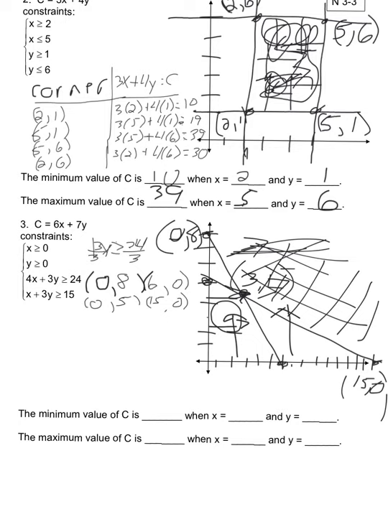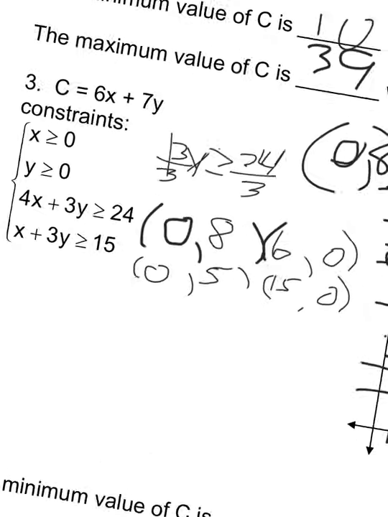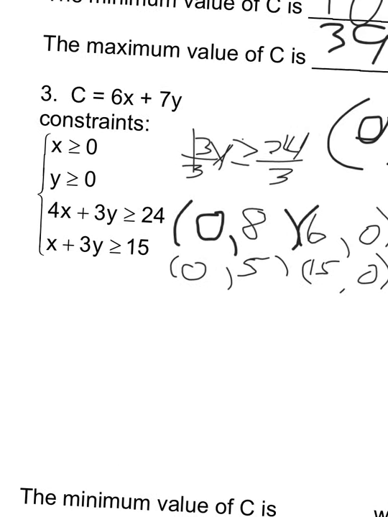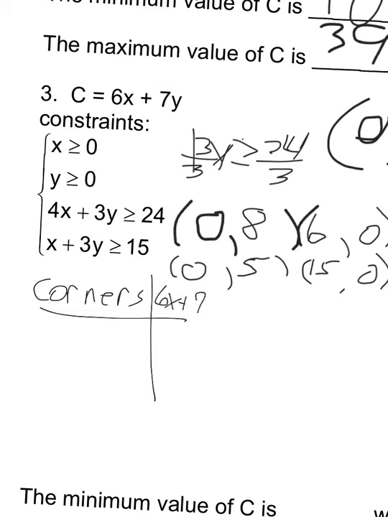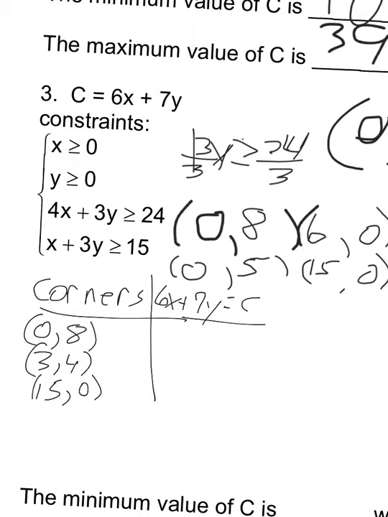So now I have my 3 corners. Let me zoom in. Right in my corners, and my equation, 6x plus 7y equals c. My corners being 0, 8, 3, 4, and 15, 0.